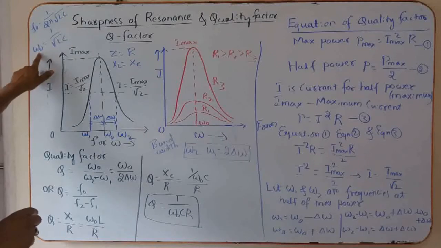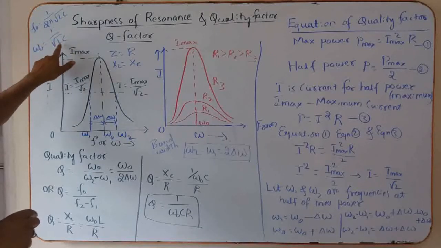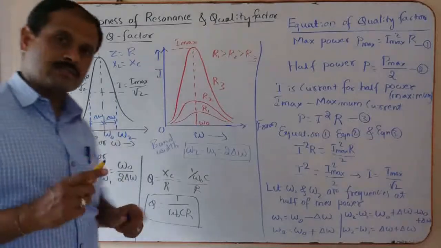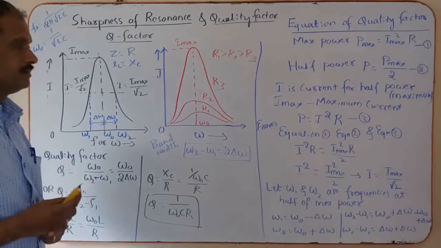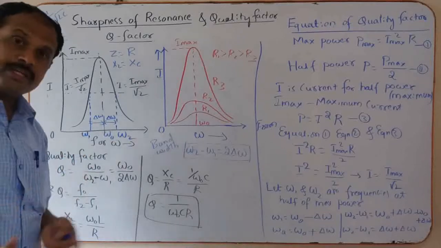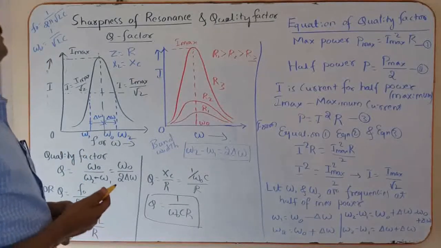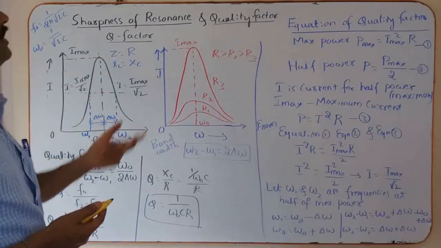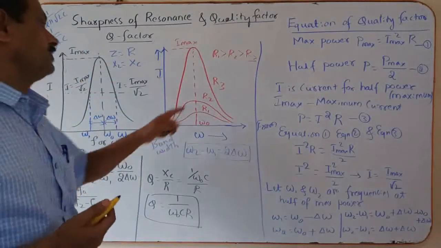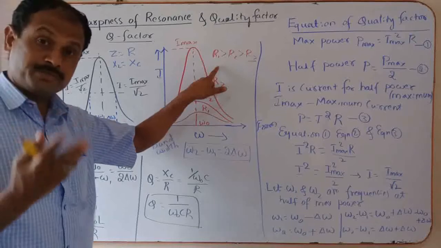The resonant frequency mainly depends upon the self-inductance of the inductor and the capacitance of the capacitor, but it is independent of R. And in this series LCR circuit, what is the quantity that depends on the resistance R? That is said to be sharpness.